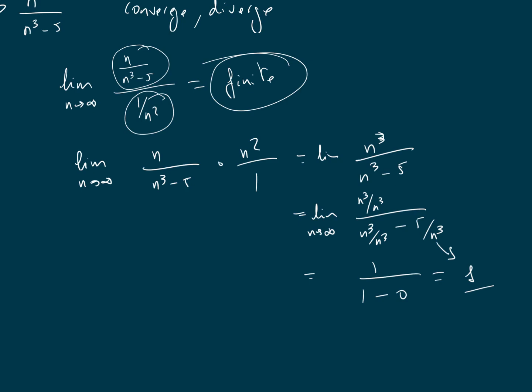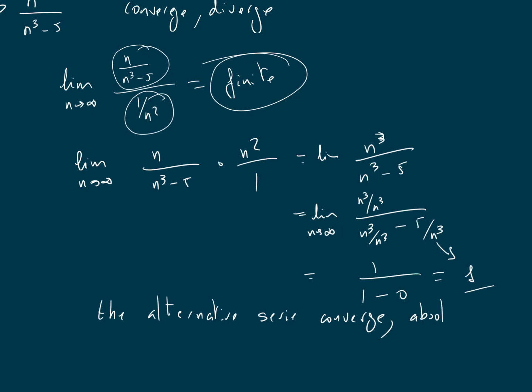So we know that the alternating series converges, and the absolute value of the series also converges. So the convergence is absolute. The alternating series converges, and how does it converge?